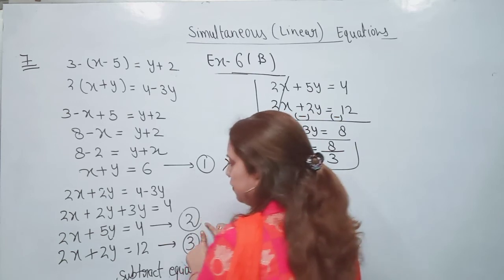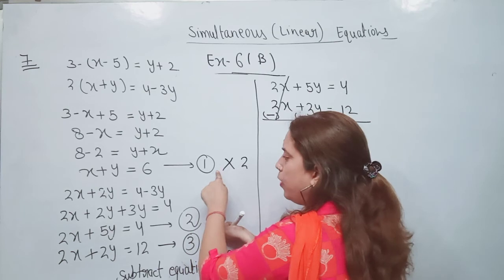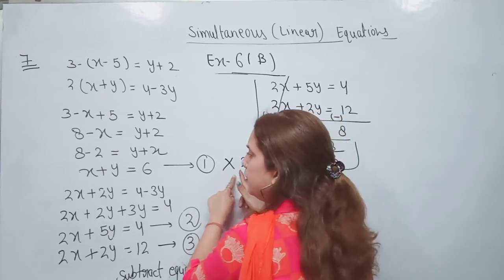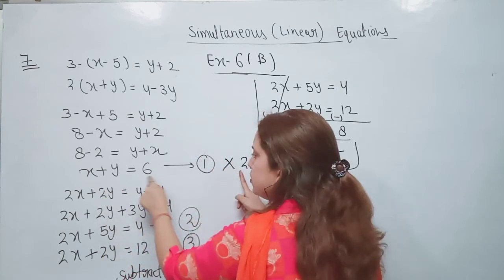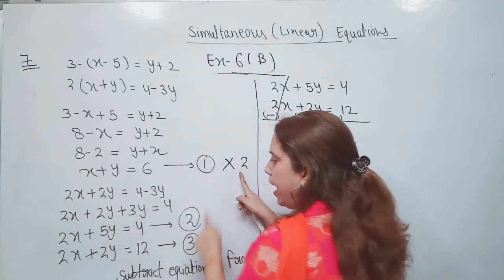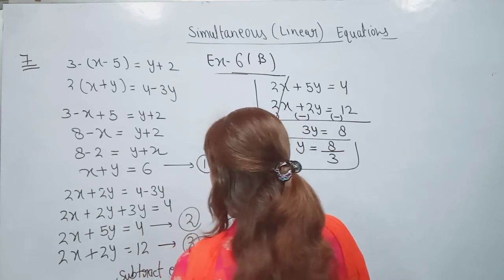Now we are solving for variable x. So we will multiply equation 1 by 2. So it will be 2x plus 2y is equal to 6 times 2, 12.